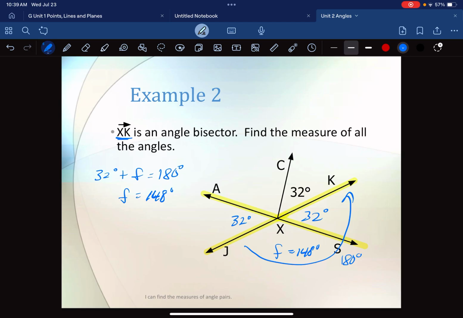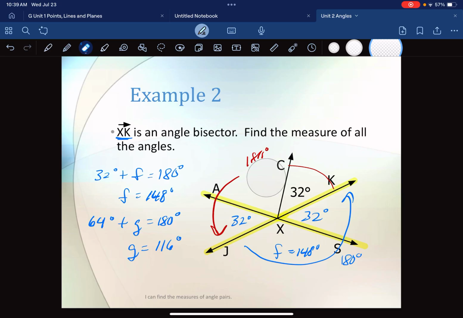What about above here? What about this half of the drawing? That's also 180. And it looks like I already know 32 and 32 makes 64, plus, I'll call this G, equals 180. Well, I'll just subtract. 180 minus 64 is 116.